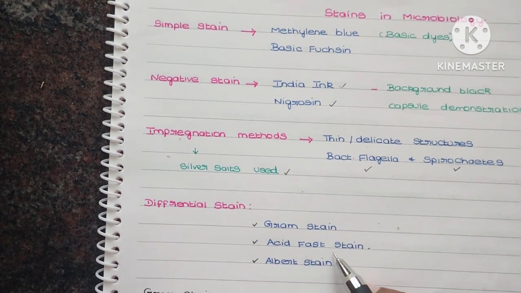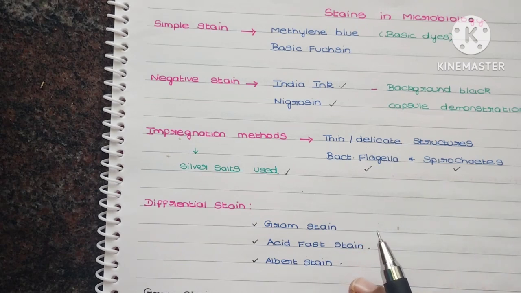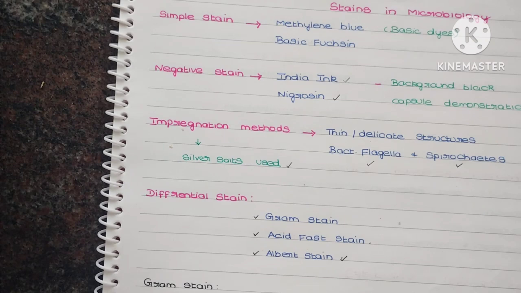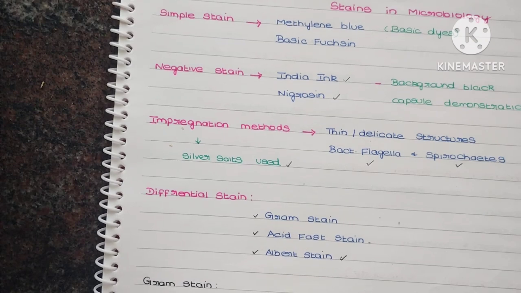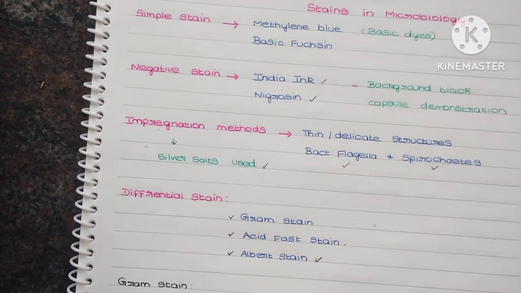Acid fast stain is for whether the organism is acid fast or non-acid fast, and Albert stain is mainly for Corynebacterium diphtheriae, and that too for staining the metachromatic granules. We will deal with it in detail.